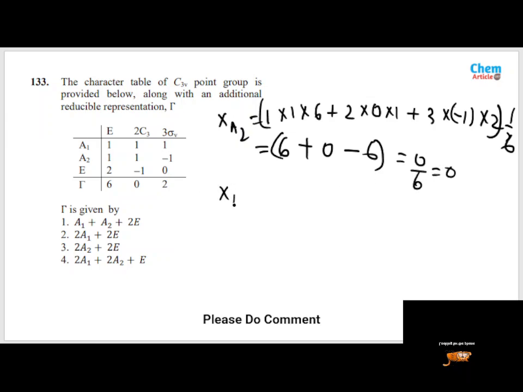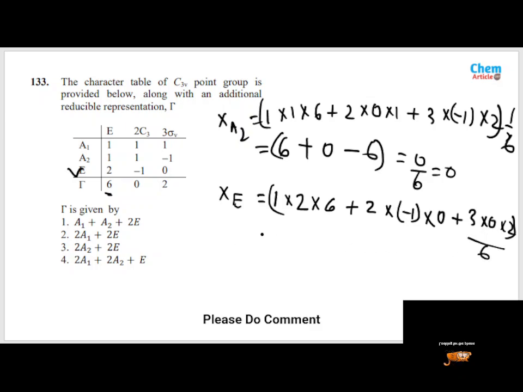Now n of E: 1 into 2 into the reducible representation 6, plus 2 into minus 1 into 0, plus 3 into 0 into 2, divided by 6.